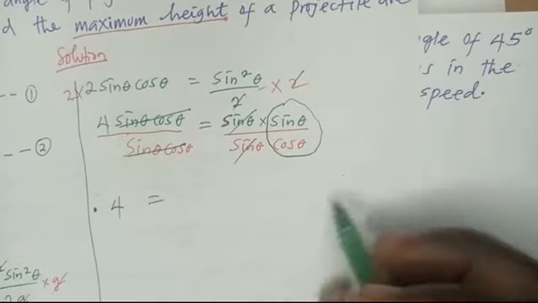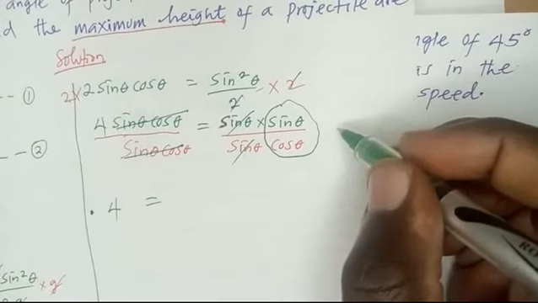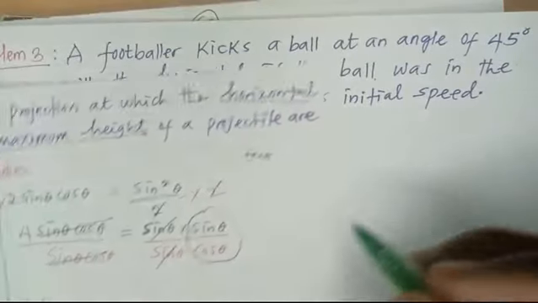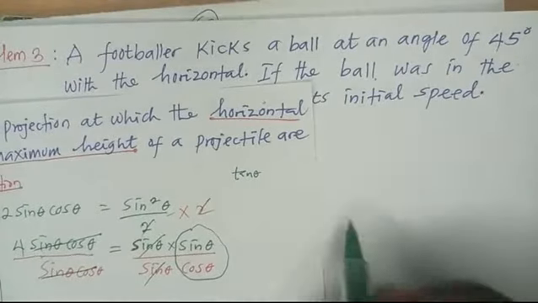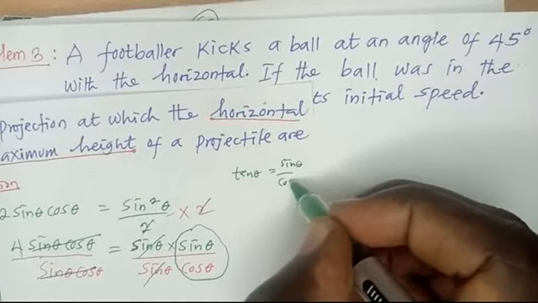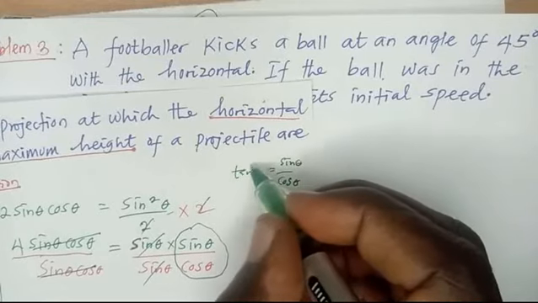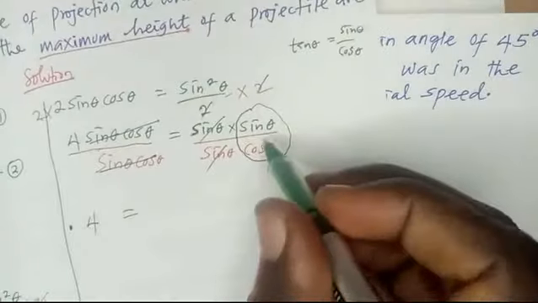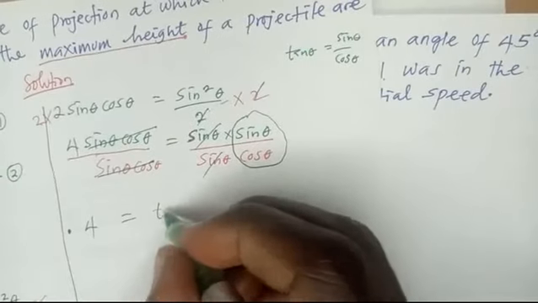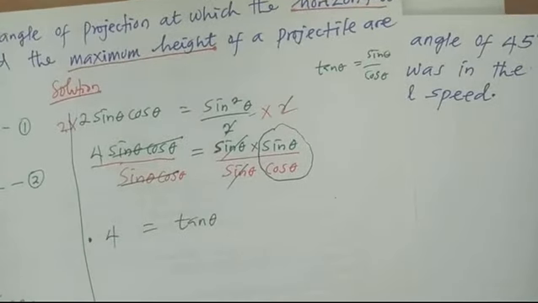According to trigonometry, there is an identity that says tan theta is equal to sine theta divided by cos theta. So on the right hand side I can use tan theta instead.